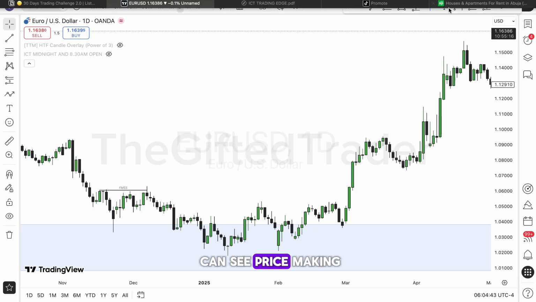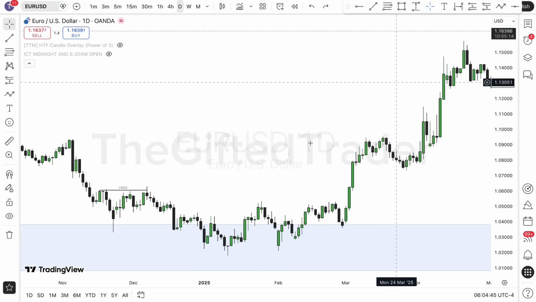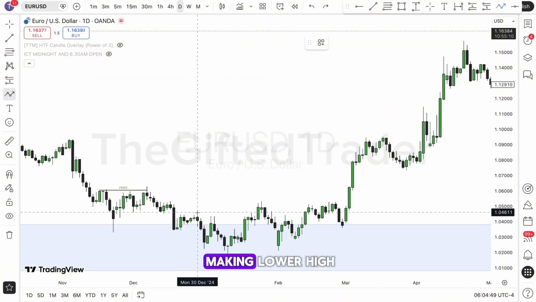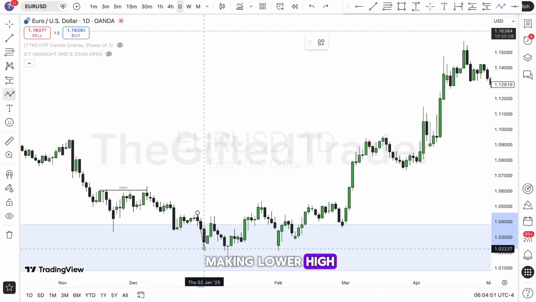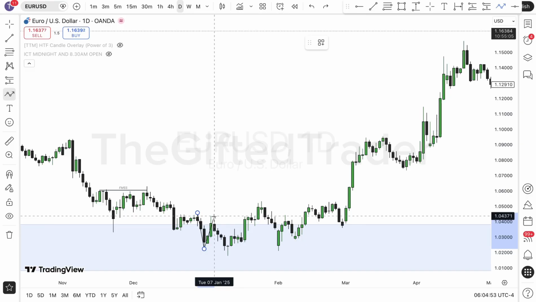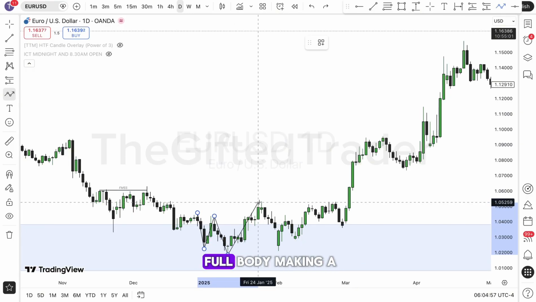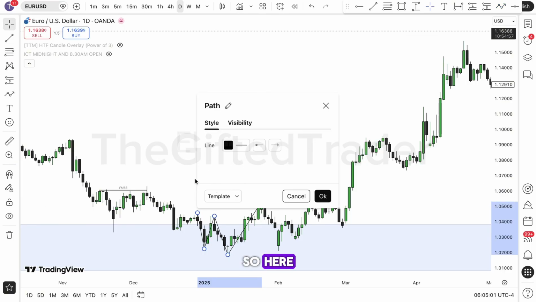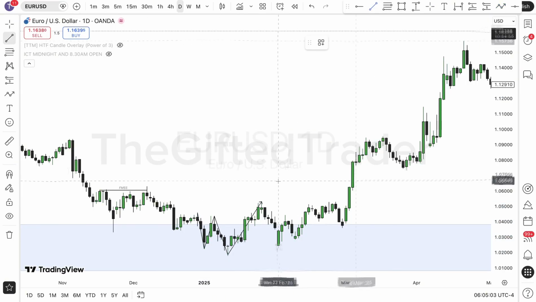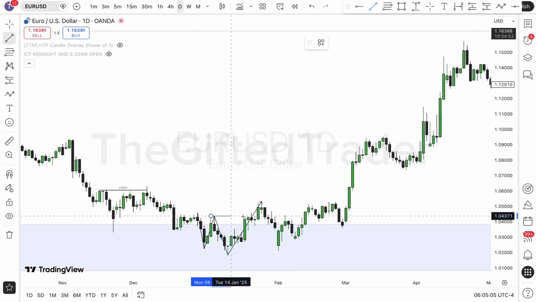Now we can see price making lower high, lower low, lower high, lower low. The price broke it with a full body, making a higher high. So here is the change.